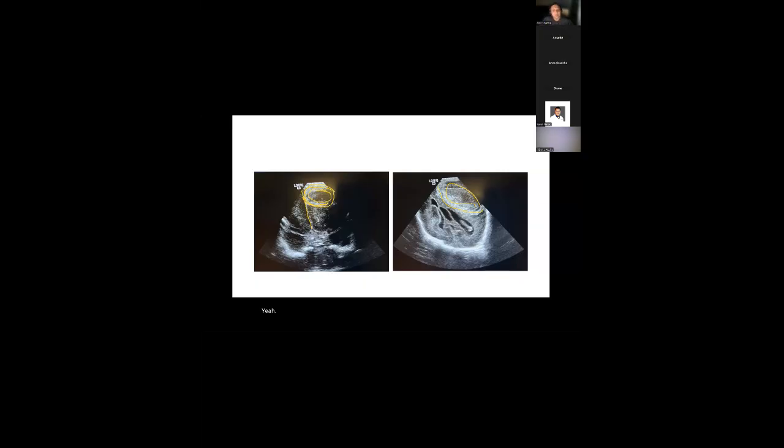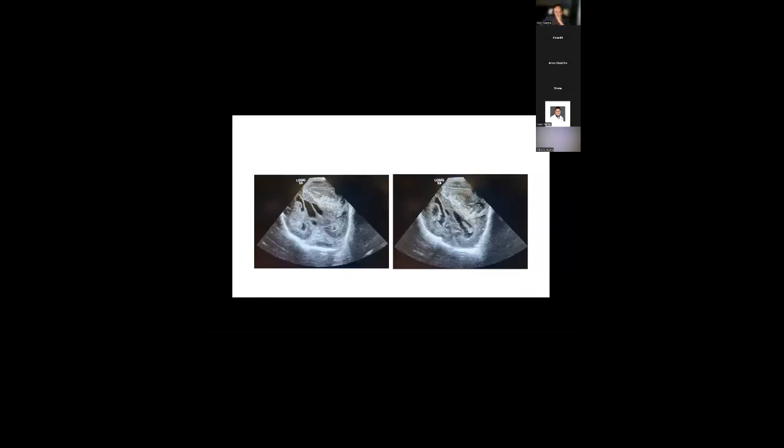Carry on, let's see what the rest of your scan looks like. Again, more or less a similar image. Here is a parenchymal bleed, midline shift. Is this a bleed in the right ventricle?